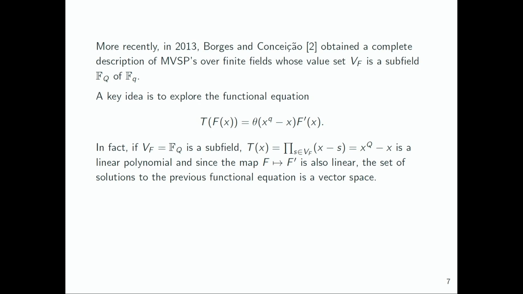And this is really interesting because when the value set is a subfield, the polynomial T has a special form, x to the bq minus x. And this is again a linearized polynomial. So this functional equation becomes a linear equation.